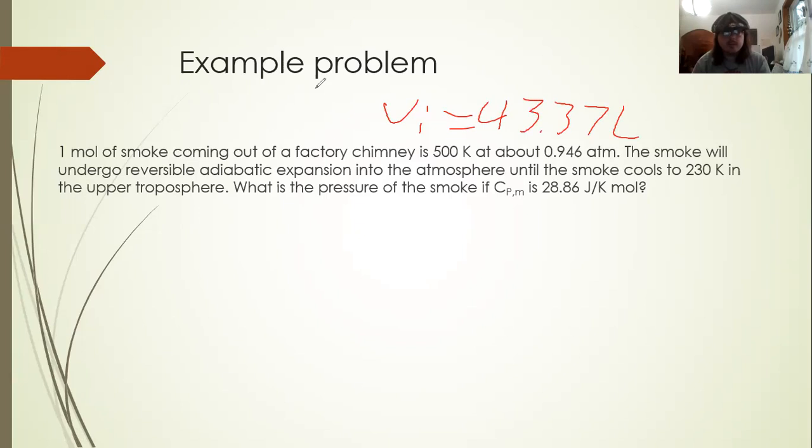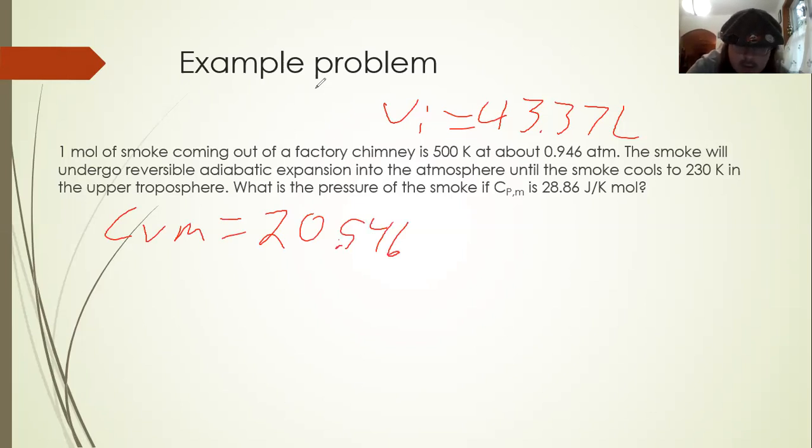Okay. So we know our second temperature. Next thing we need is C sub P. Like, oh no, we don't have C sub V, but we know that C sub P minus C sub V equals 8.314. 28.86 minus 8.314 gives us our C sub V, 20.546.